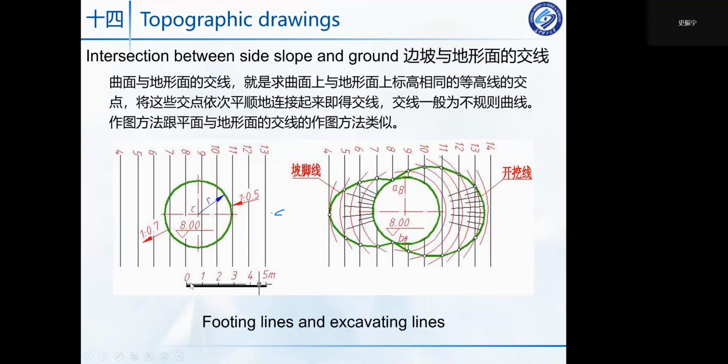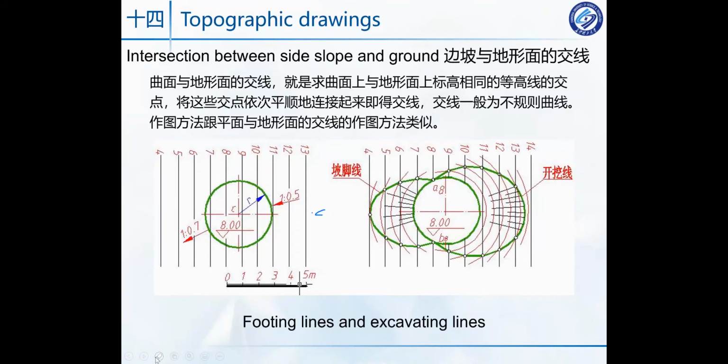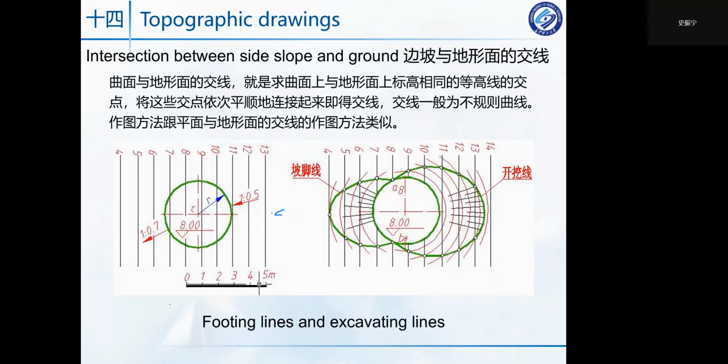So what is 1? The horizontal is 1. You can see, so I draw here. Oh, it's so small. I draw a larger one.